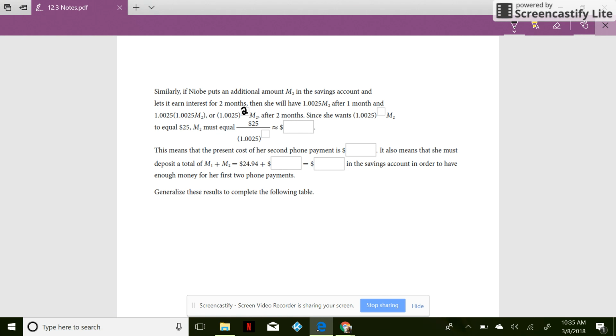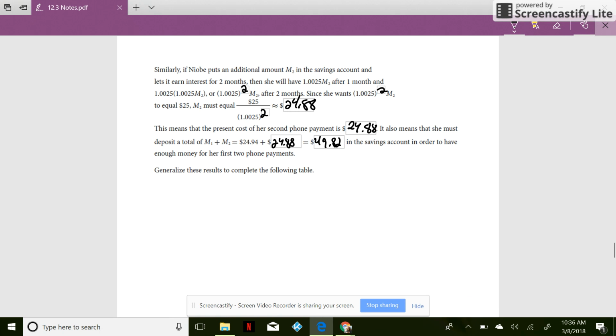So since she wants that value to be 25 instead, you can do 25 over 1.0025 squared to get 24.88. So this means that the present cost of her second phone payment is $24.88. It also means that she must deposit a total of those first 2 months to get $49.82 in the savings account in order to have enough money for her first 2 phone payments.